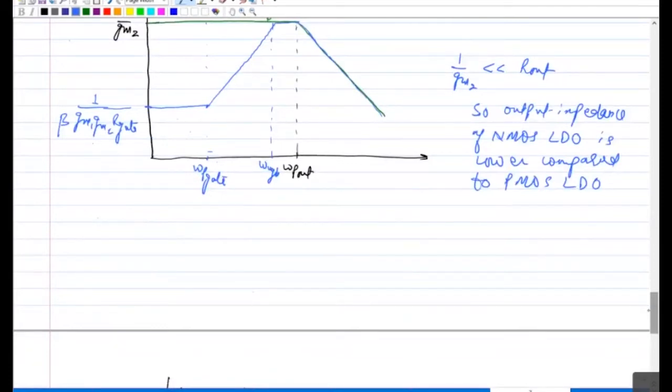Okay, so what does it mean? In terms of performance, which parameter will be better than PMOS? Load transient, load regulation. So load transient is better.